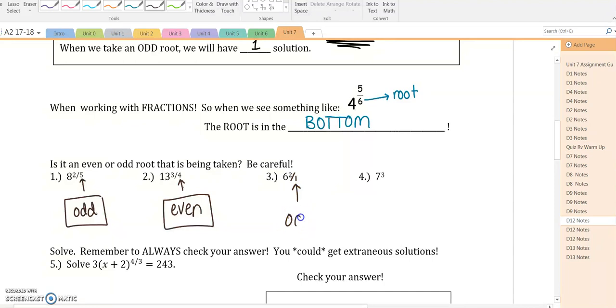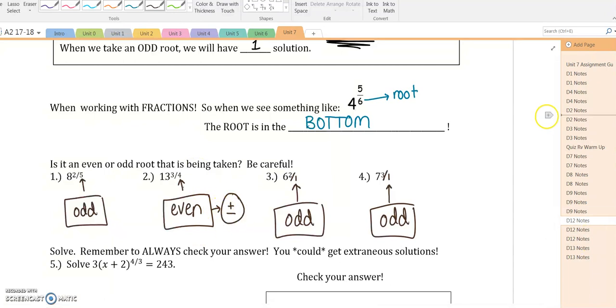Well, 1 is an odd number. So basically, if it's just a regular old number, that'll always be over 1. And because 1's always going to be odd, that'll always be odd. Okay? And again, remember, the odd ones don't need the plus or minus, but the even is when we would put it there.